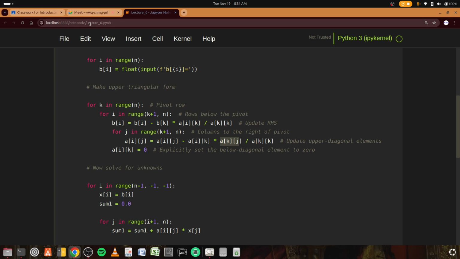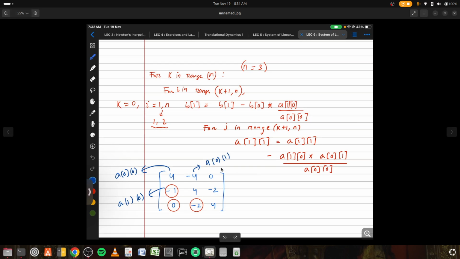So here we are updating the coefficients in the same fashion, and while doing that, we will now start from this a11 value.